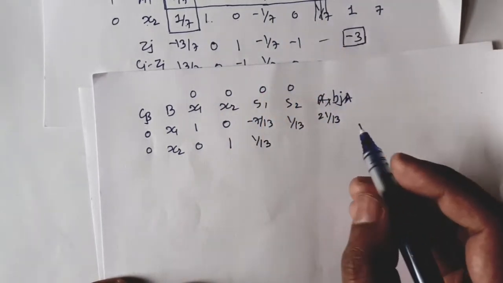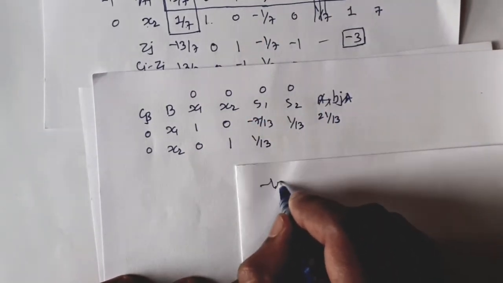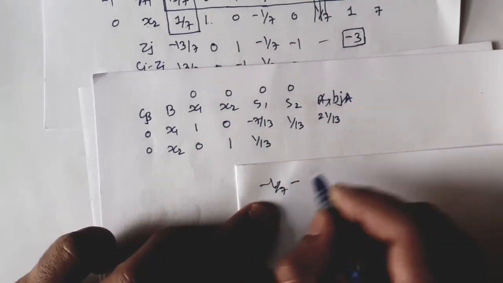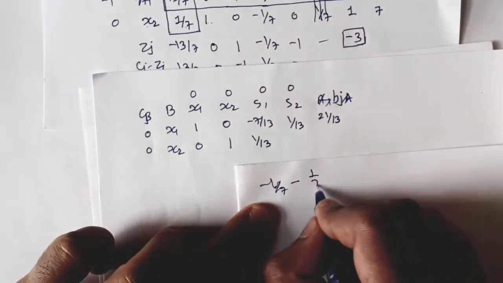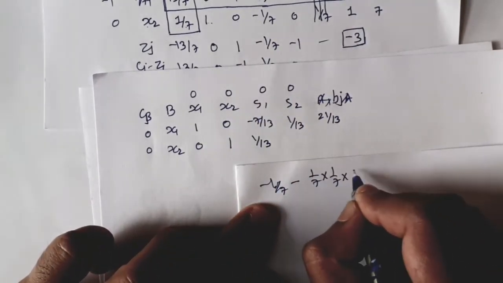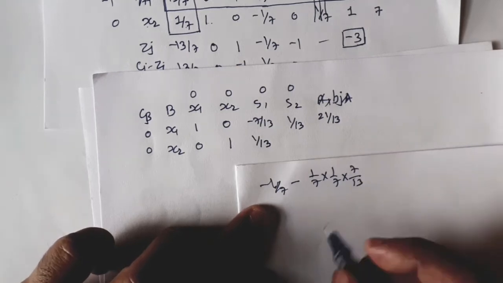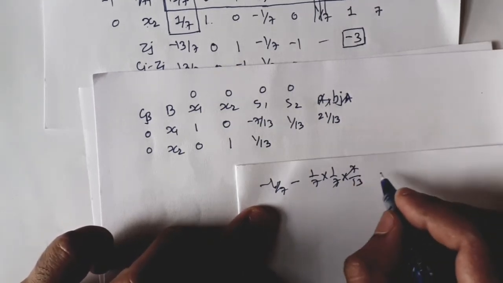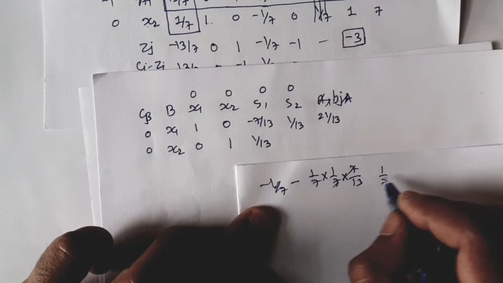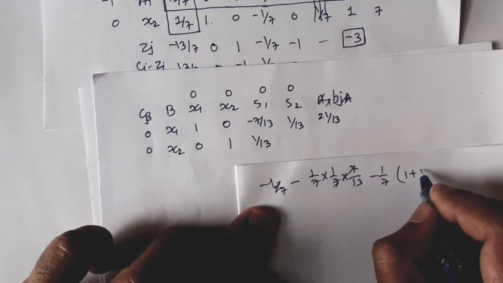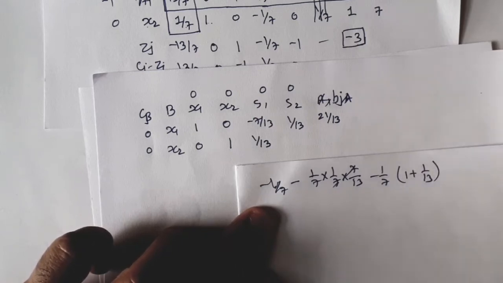So it will be minus 1 by 7 here. The old element is minus 1 by 7 minus 1 by 7 multiplied by 1 by 7 multiplied by 7 by 13. 7 cancels out, and if we take 1 by 7 common, then it will be 1 plus 1 by 13.